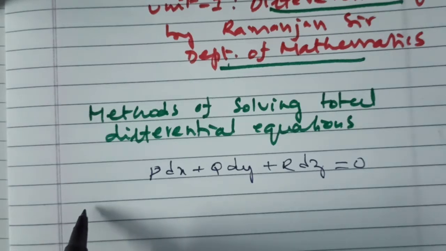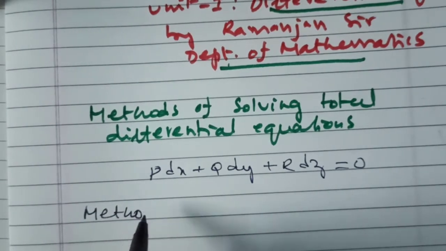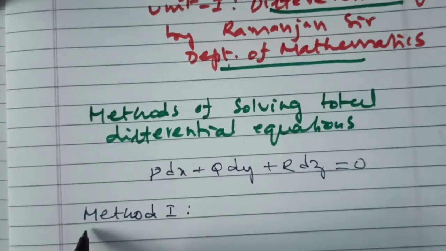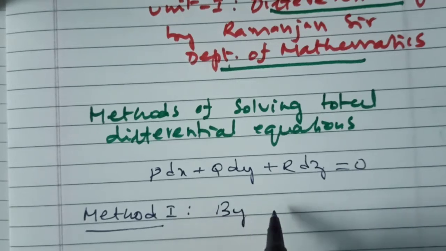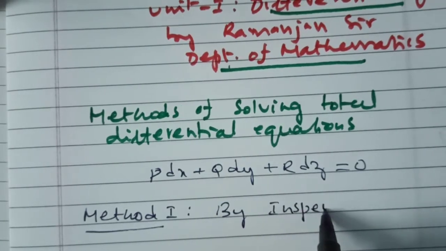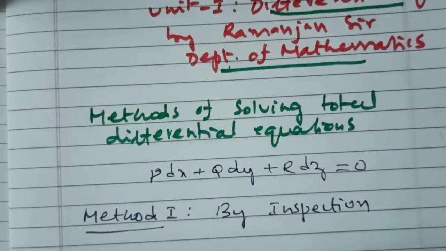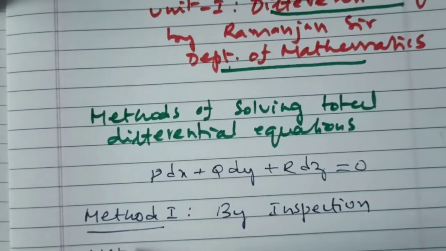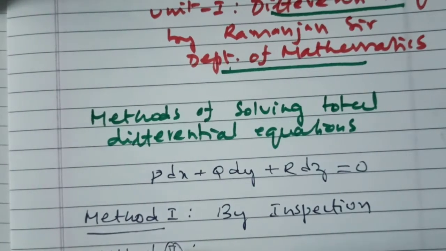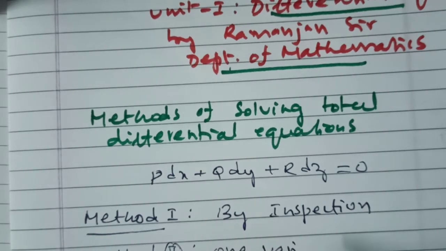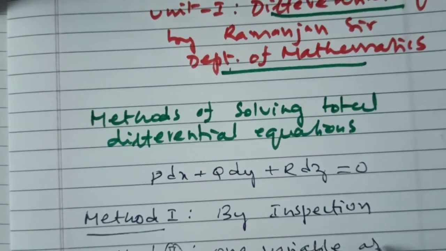Method 1, by inspection. We have these methods also in the 4th sem differential equations. So method 2, one variable as constant.